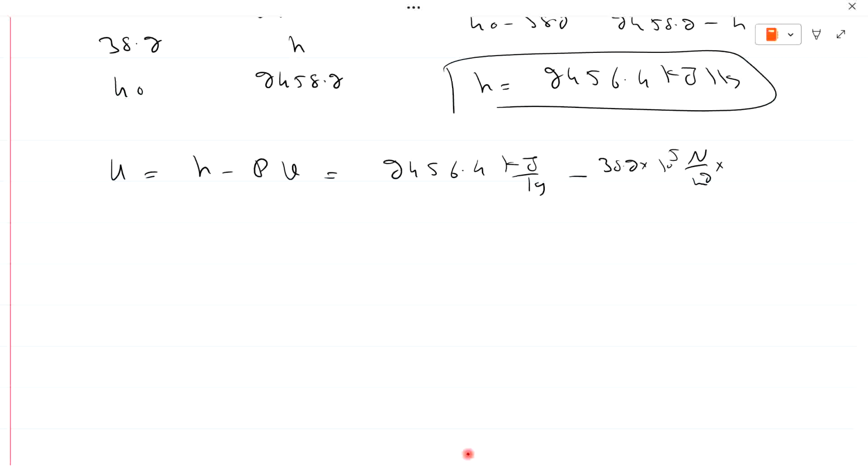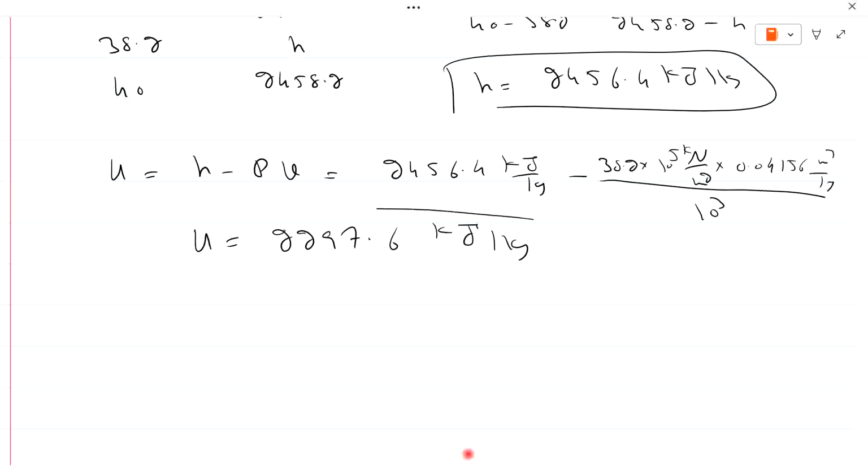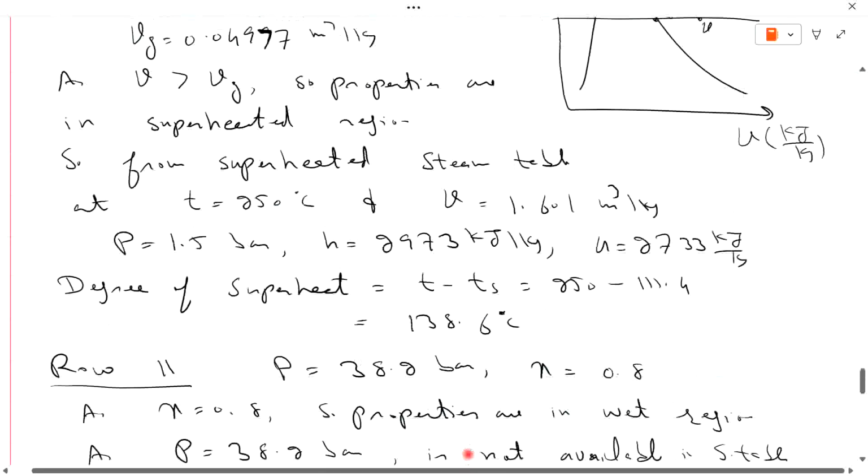Multiply by 0.04156 meter cube per kg. To convert this value into kilo, divide by 10 to the power 3. So U is equal to 2297.6 kilojoule per kg. Now put this value in row number 11.